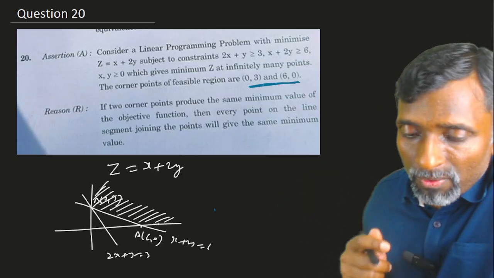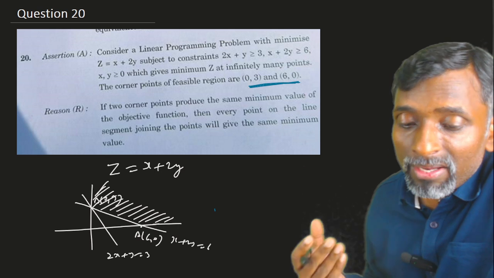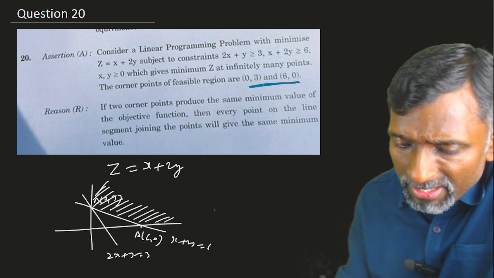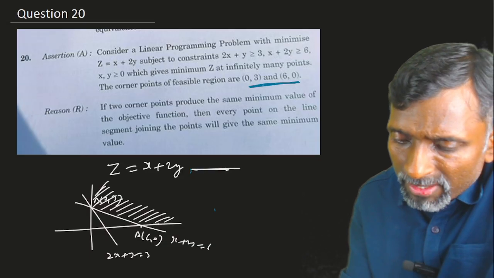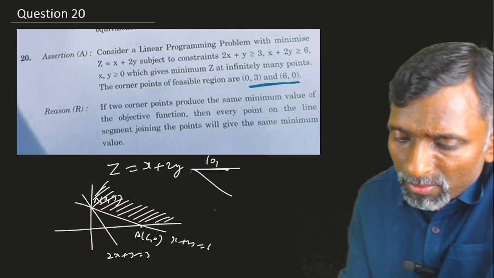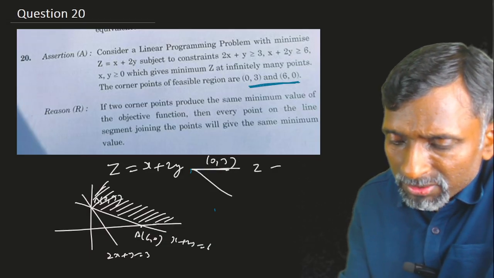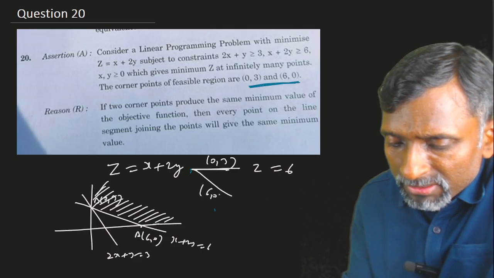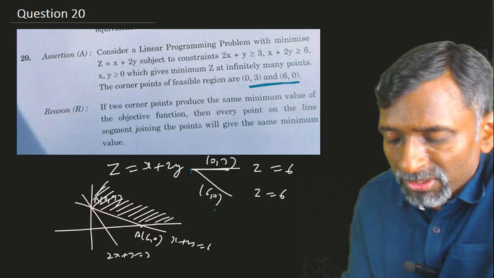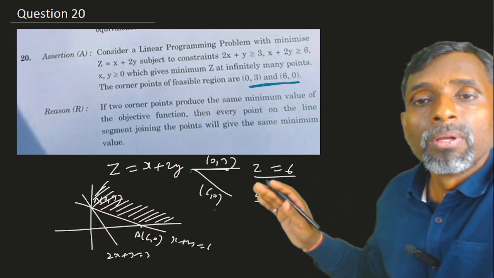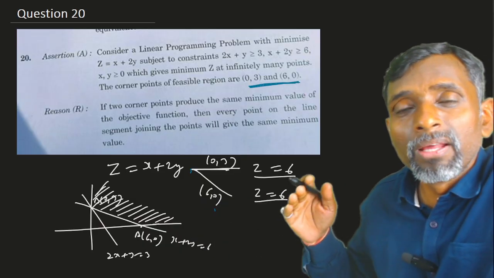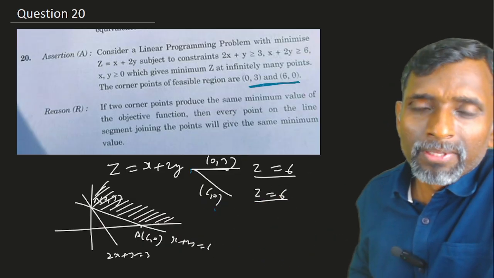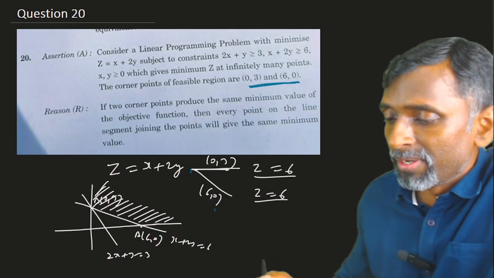Now, if two coordinate points produce the same minimum value of the objective function, we can check in both the points whether the values are the same or not. In the point (0, 3) we are substituting, z is equal to 6, and if we are taking (6, 0), again z is equal to 6. So there is the same value in both the points, so definitely there must be the same value in each point, right? So again we can say option A is correct.